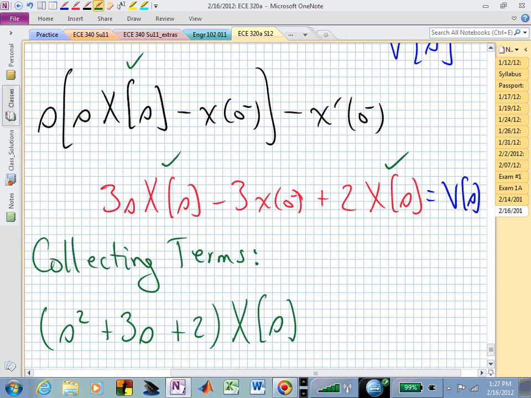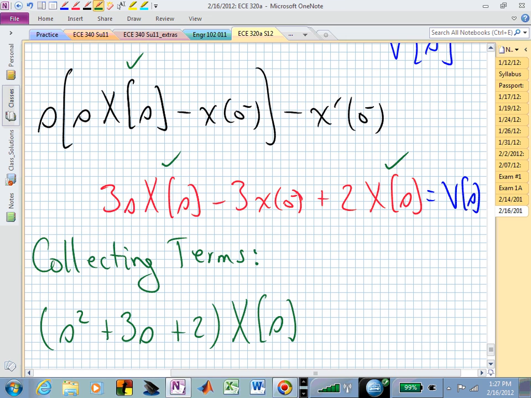And then I have some constant pieces. I have s times a minus x of 0 minus, where that x was a lowercase. I have actually another x of 0 minus, don't I?